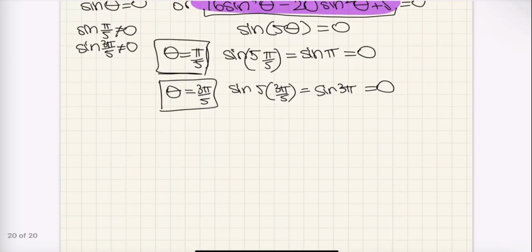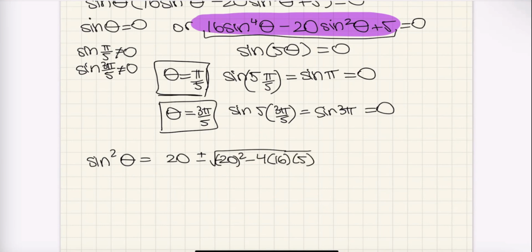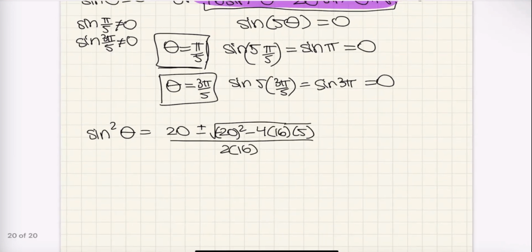In order to do that, we're going to say that sine squared theta is equal to negative b, so in this case 20, because negative negative 20 is positive 20, plus or minus the square root of b squared, so negative 20 squared, minus 4ac, all over 2a. That gives us 20 plus or minus the square root of 80 over 32.